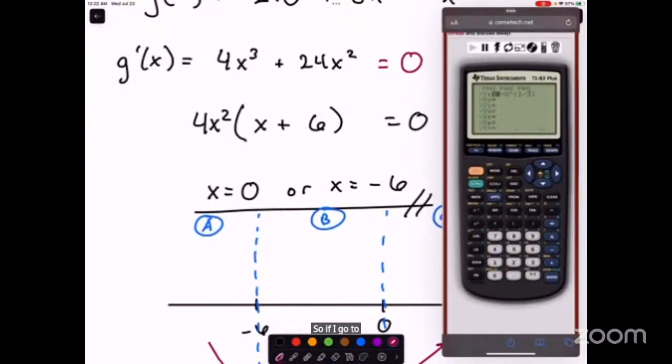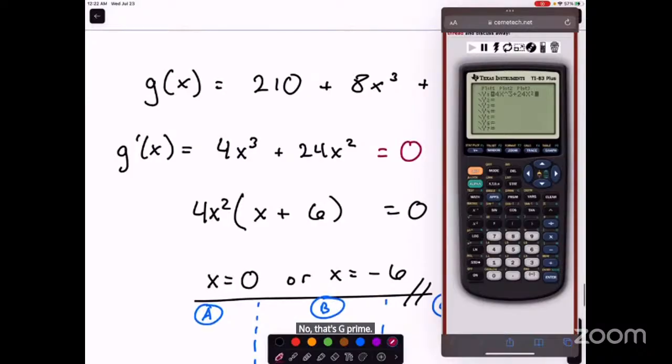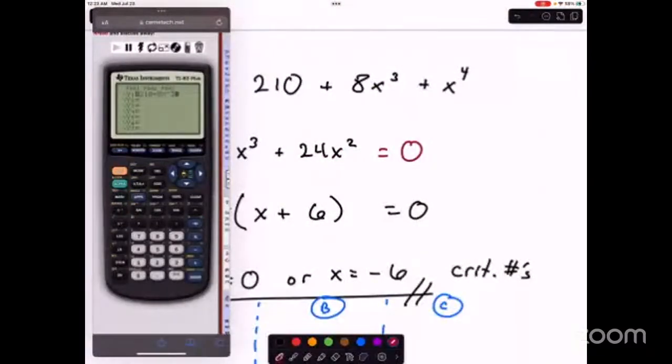So if I go to my y equals, let's go 4x to the power of 3 plus 24x squared. Okay. No, that's g prime. That's not the right one. So then 210 plus 8x cubed plus x to the power of 4.